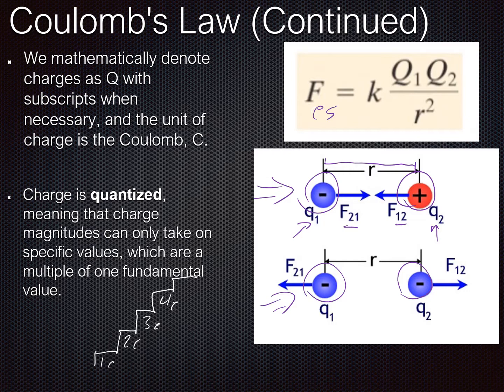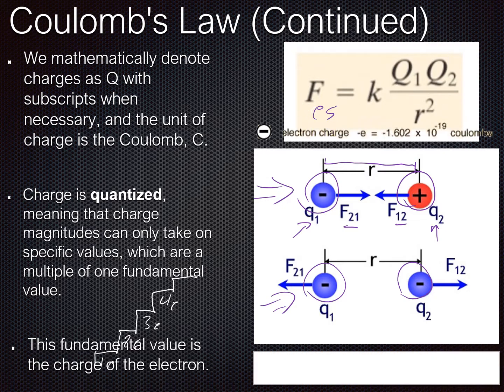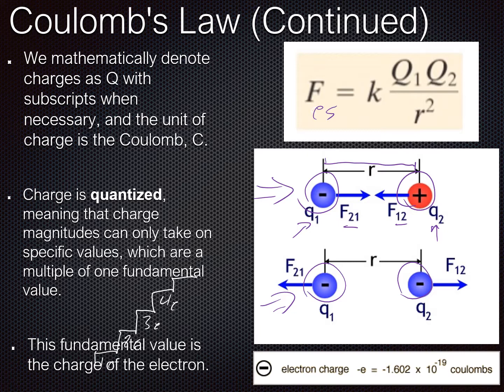An electron carries what we call the elementary charge, or the fundamental charge. So the value of that is negative 1.602 times 10 to the minus 19 coulombs. And of course, it's named after our guy Coulomb. So the fundamental charge, the smallest possible charge that can exist in the universe, is 1.602 times 10 to the minus 19 coulombs.